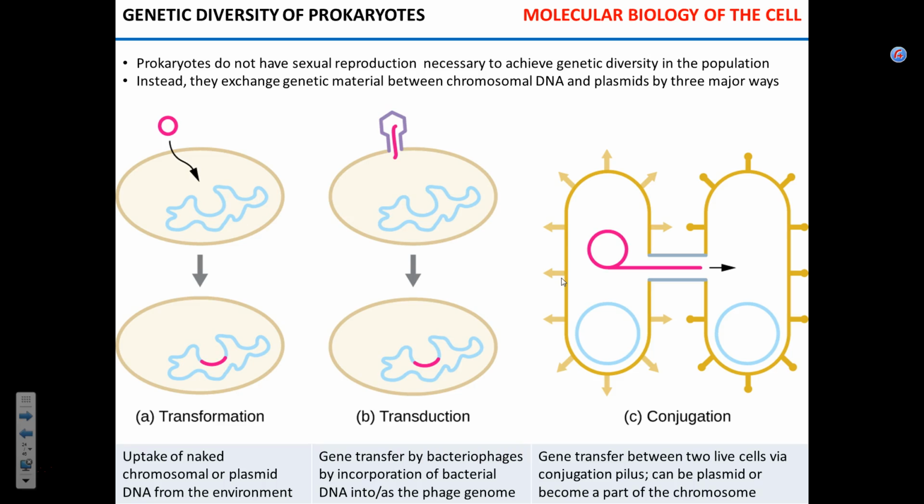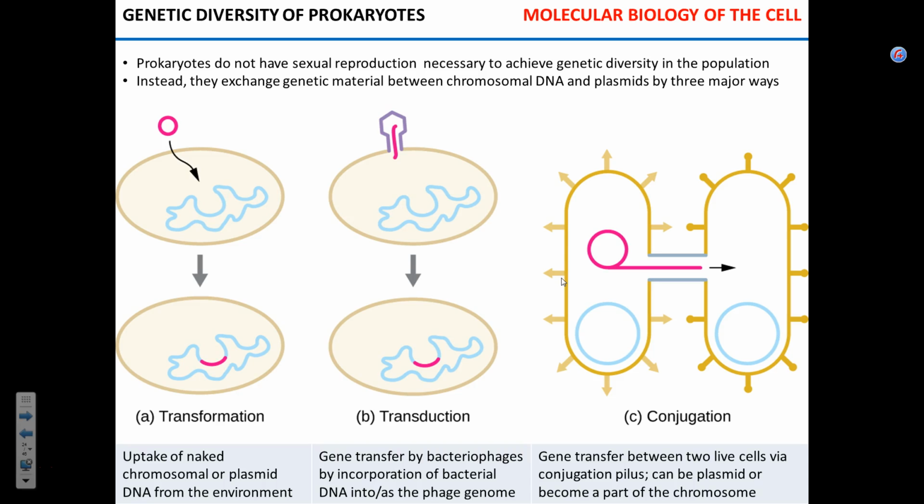So bacteria have to exchange the DNA somehow. When a bacterial cell divides, how is the DNA of the two daughter cells related to the DNA of the parent cell? Are they the same? Are they totally different? Generally the same. Maybe a few mutations, but generally they are the same.